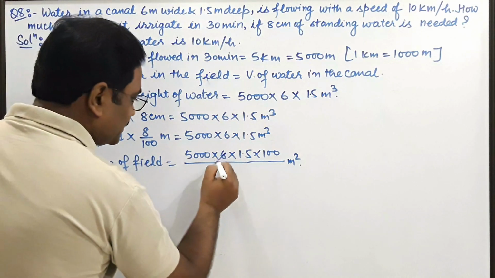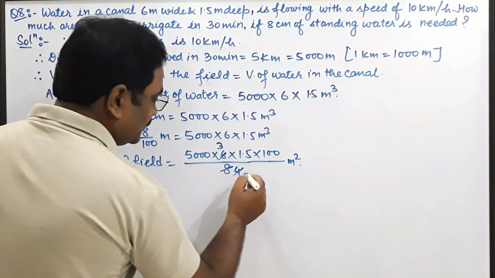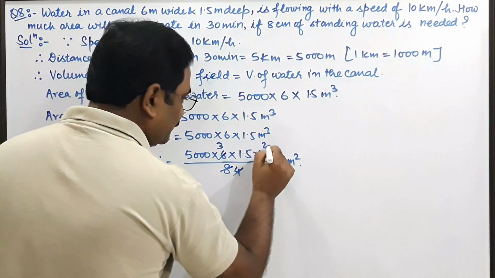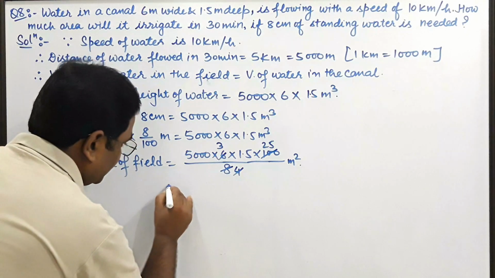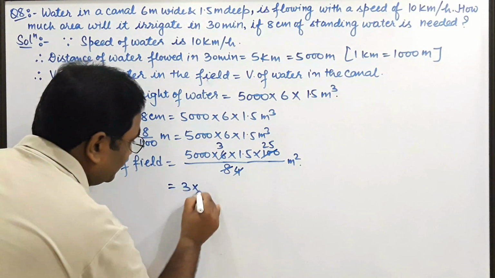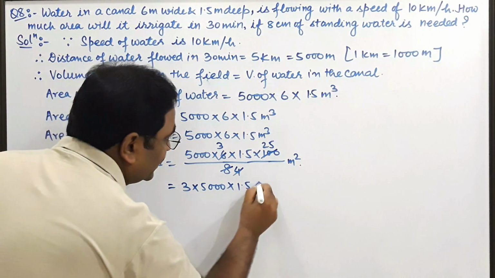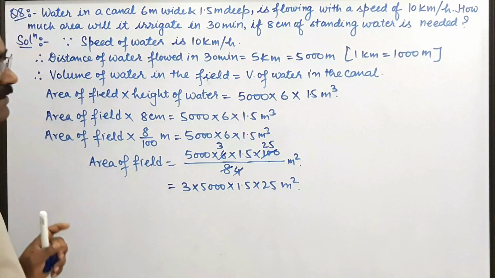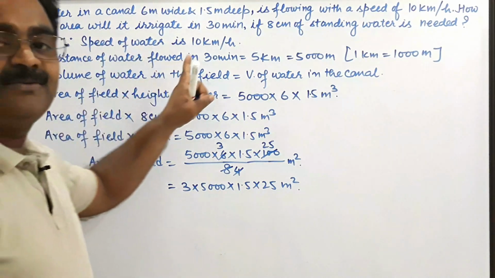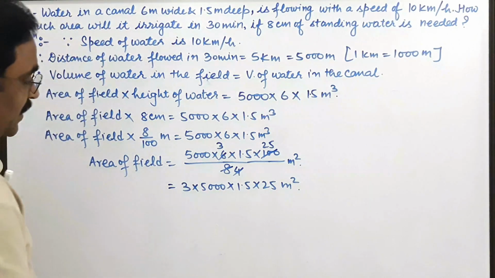2 3s are 6, 2 4s are 8, 4 1s are 4, and 4 25s are 100. Now we got 3 multiplied by 5000 multiplied by 1.5 into 25 meters square is the area of that field which is going to be irrigated in 30 minutes.